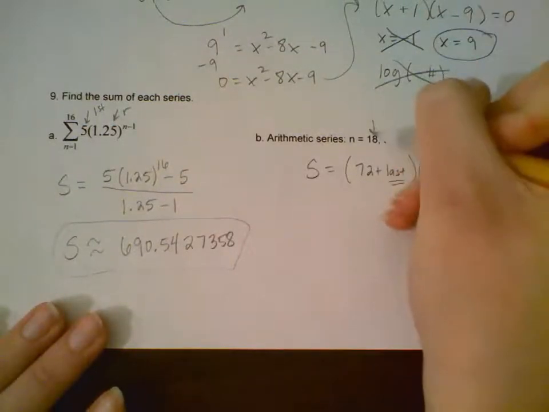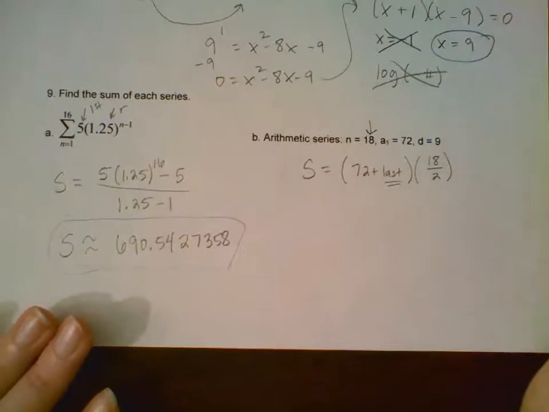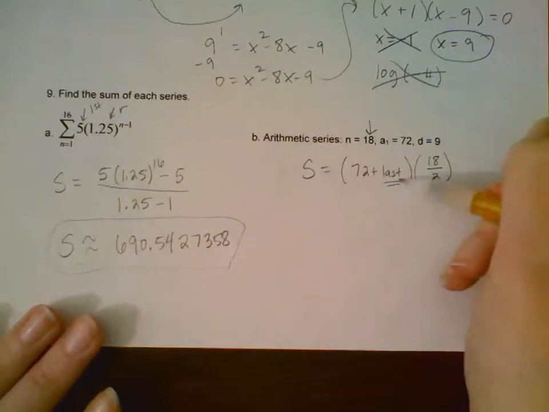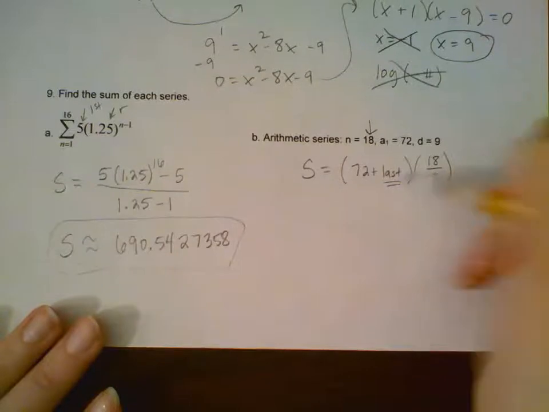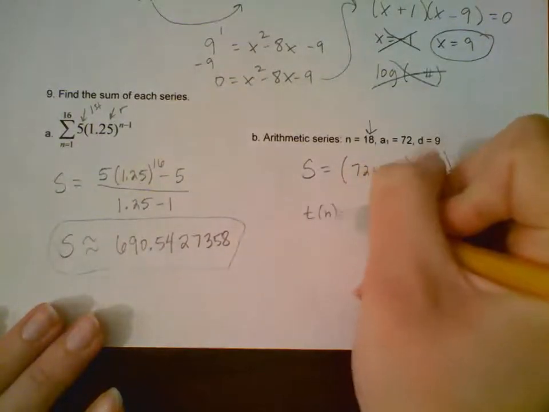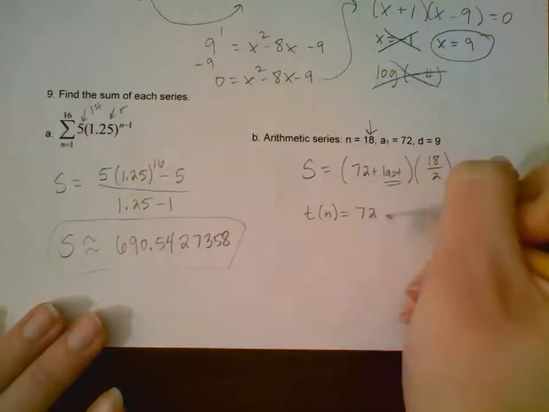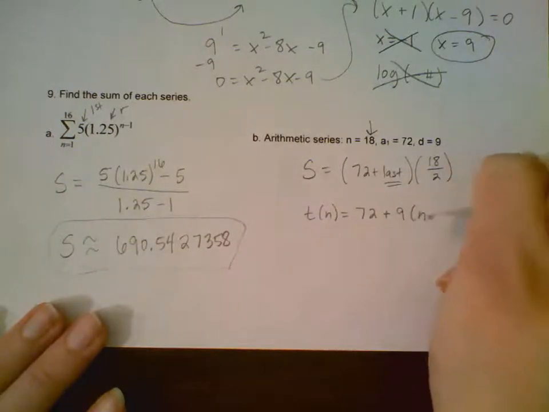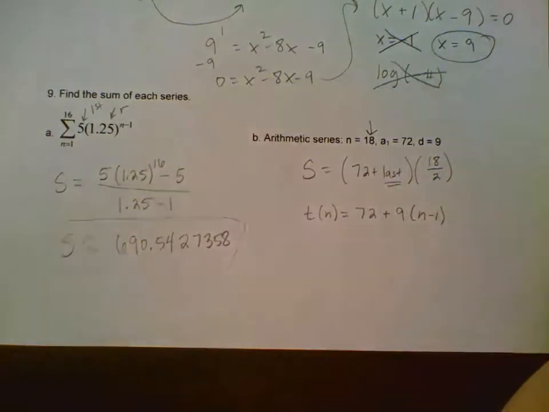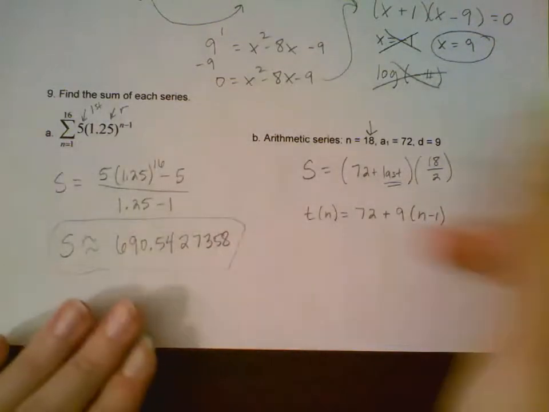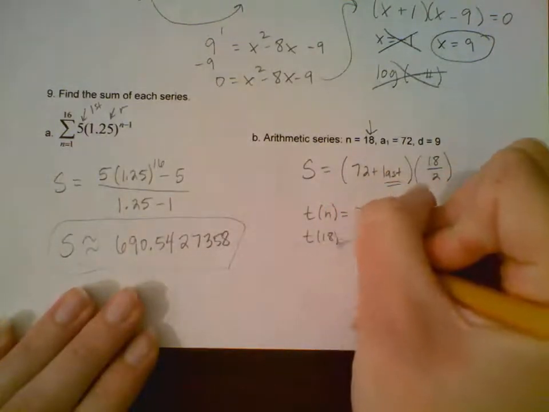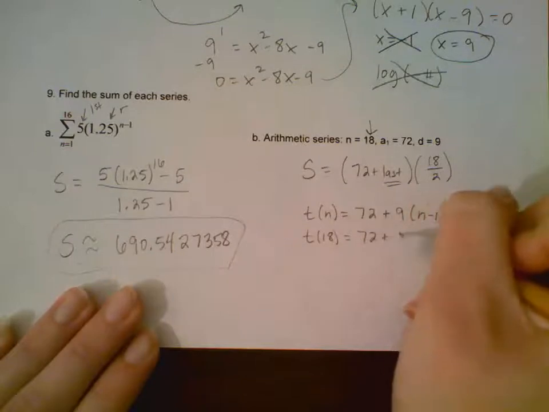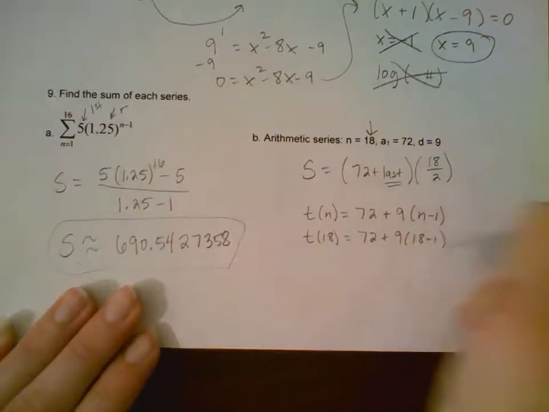So we have to do a little bit of digging to find this last term. We know there's 18 terms. If we can figure out what the 18th term is, that would be the same as the last term. So we're going to use that first term form, 72 plus it's adding 9 each time. That's what that D represents, and times n minus 1. If I plug in n as 18, that will tell me the 18th term, which happens to be the last term, right?